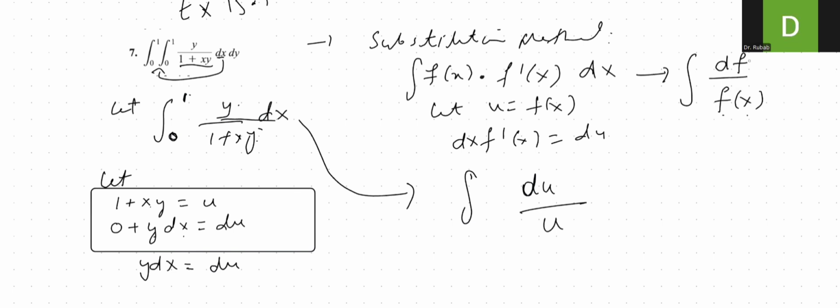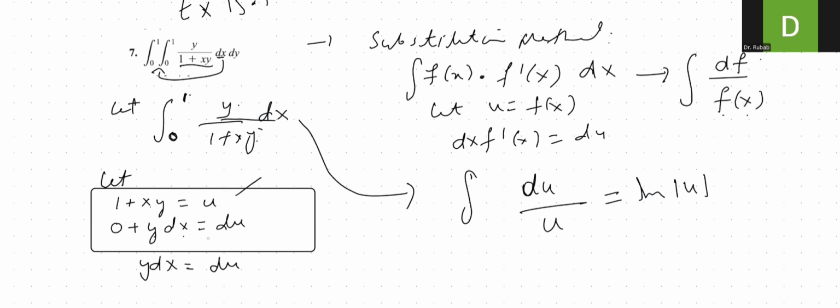Whenever we have a function in the denominator and its derivative in the numerator, it turns out to be the natural log of u. Okay. So in this question you can simply do the substitution orally, or if you are not good at substitution, you can make this box and do it like what I have done.